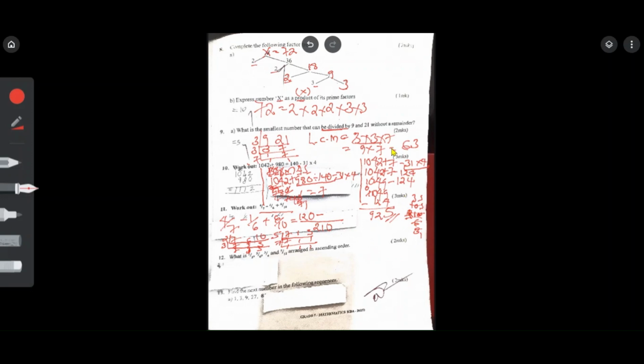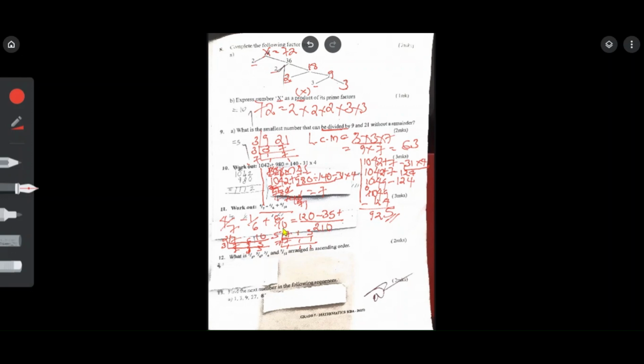Let me rub this working. But 210 divided by 6 is 35. Please, you can confirm that. So I have 35 there. Then this sign of addition, I write it here.